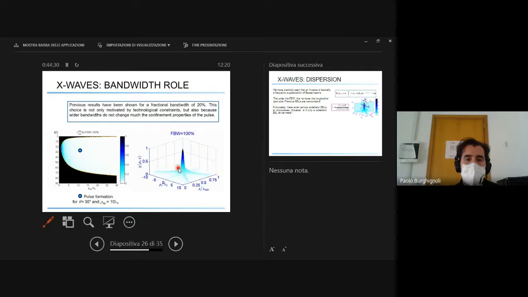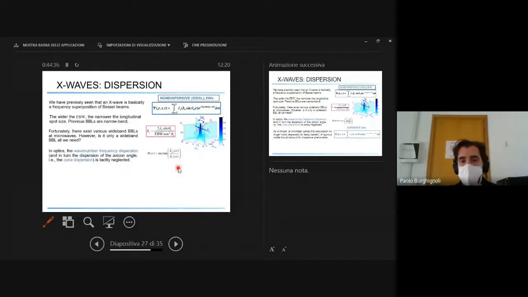Okay, one thing that I should point out at this stage is that all this assumes ideal X waves where the X cone angle does not change with frequency. That is called a non-dispersive ideal X wave. However, especially when we try to generate this wave at microwave frequency, wave number frequency dispersion has to be taken into account.